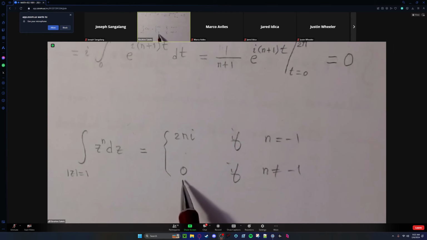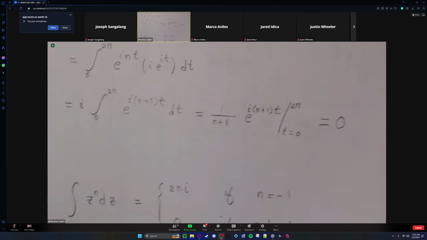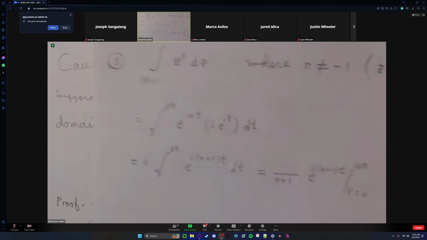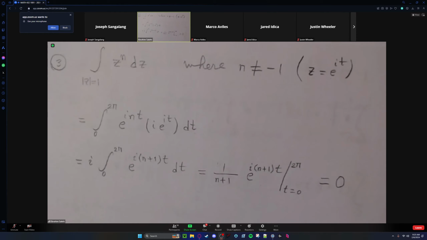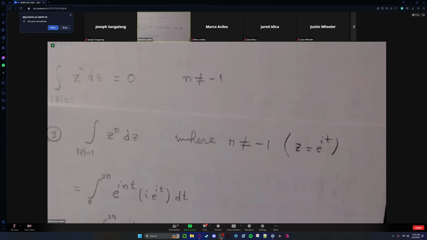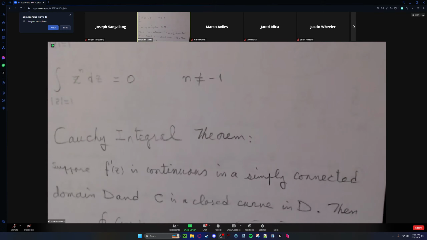Anything else will give you 0, but -1, which is dz over z, will give you 2 pi i. All right, that's a very, very important integration we should keep in mind.